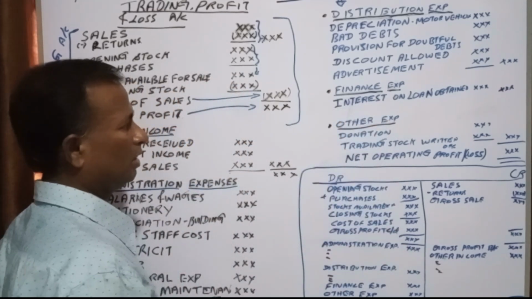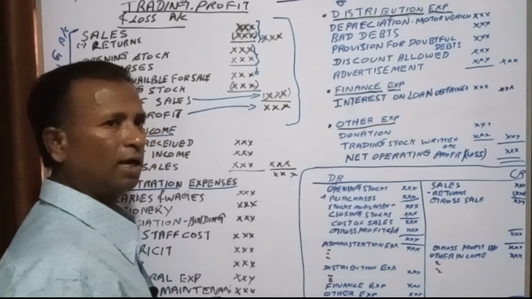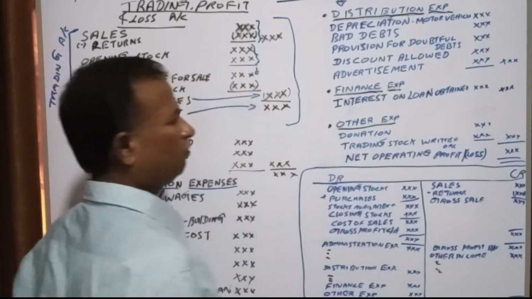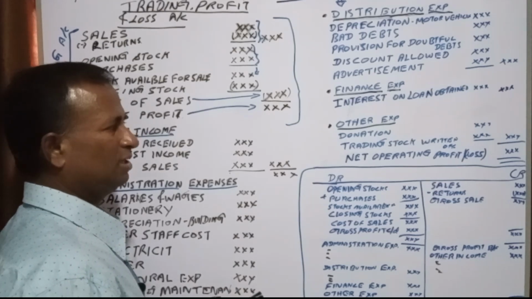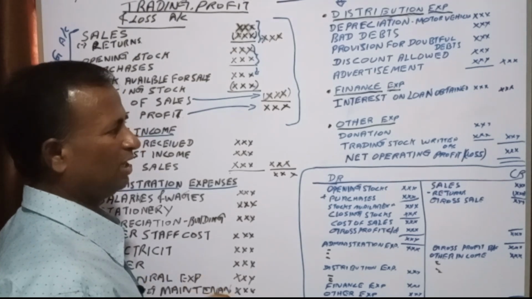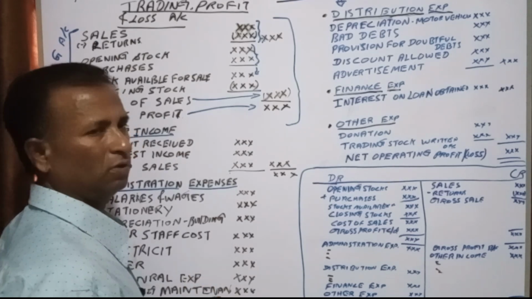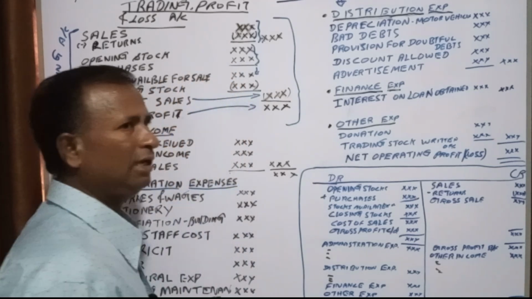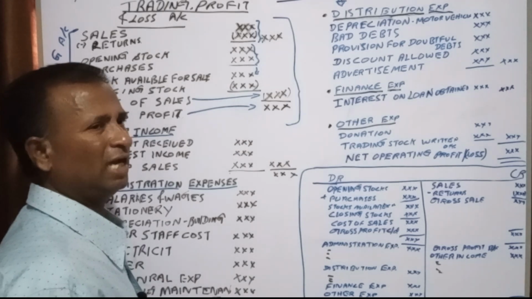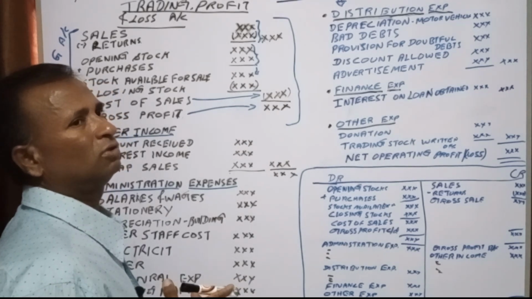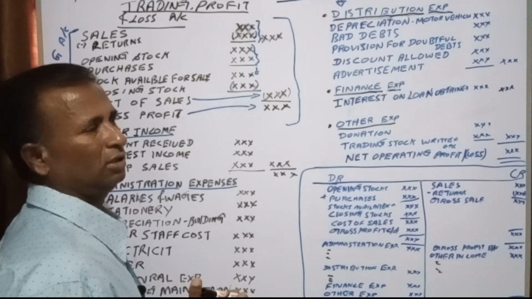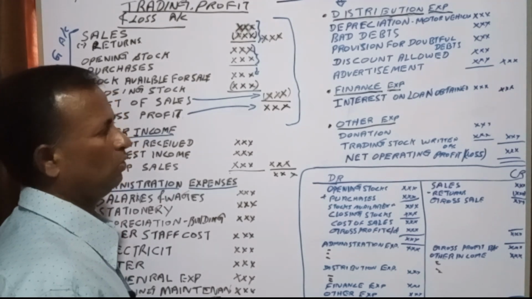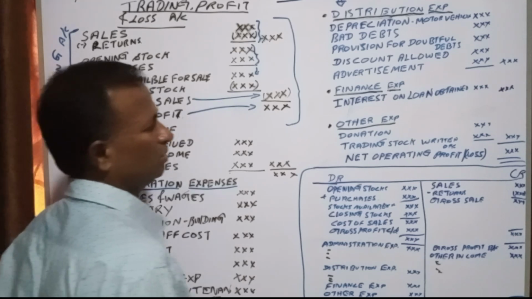The other thing is other expenses. Under other expenses we can show donation, trading stock written off, etc. Trading stock written off means any obsolete stock that cannot be sold in the normal course of trading activity.